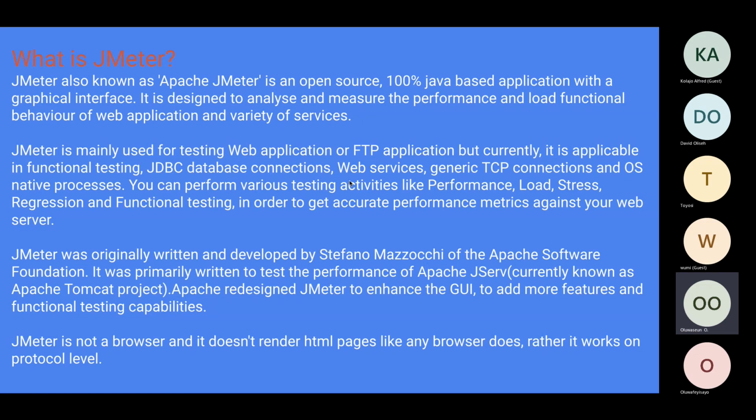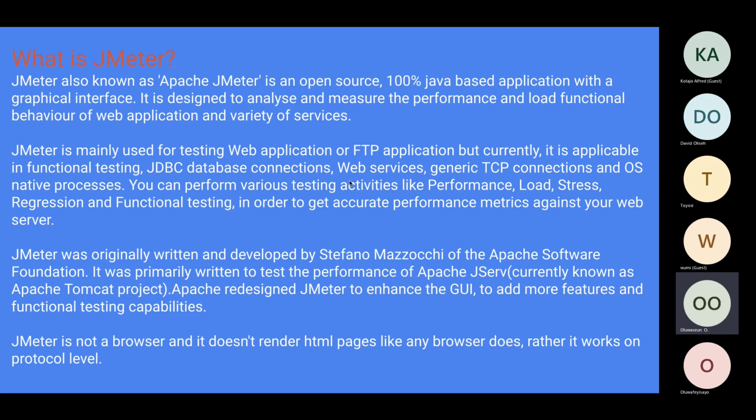Don't be afraid of the Java you see there. You're really not going to be doing any programming using it. With a graphical interface, it is designed to analyze and measure the performance and load functional behavior of web applications and a variety of services. JMeter is mainly used for testing web applications and FTP applications, but currently it is applicable in functional testing.